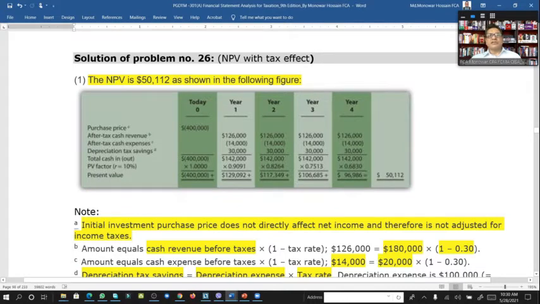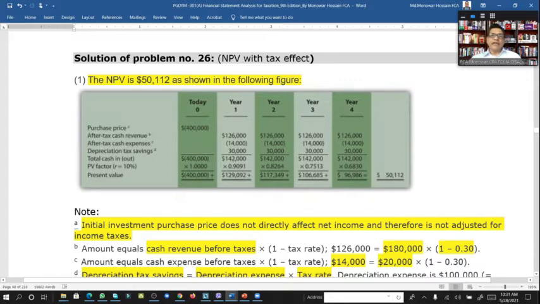If we multiply this for the third and fourth years too, we get the present values. The first year's present value is 1,29,092, the second year's is 1,17,349, the third year's is 1,06,685, and in year 4 the present value of the inflow is 96,986.